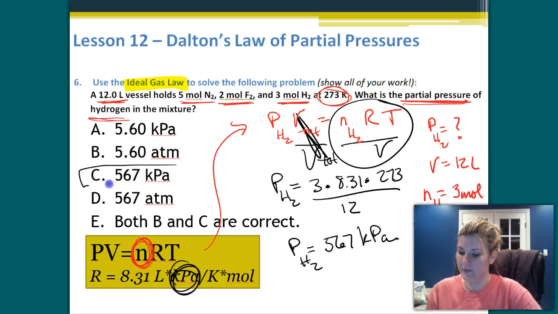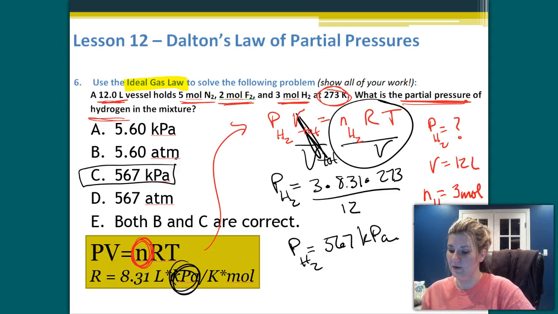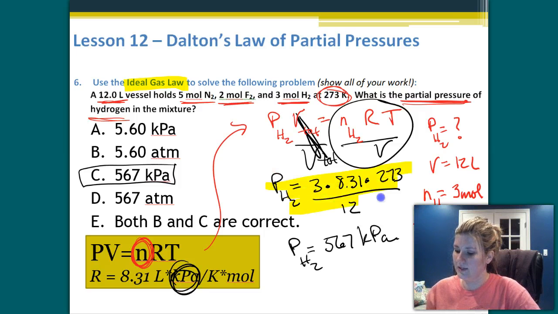And it looks like we have the answer here, C. But part E says, can both B and C be correct? So I'm going to highlight this solving in yellow, and I'm going to solve it next using this other R value.